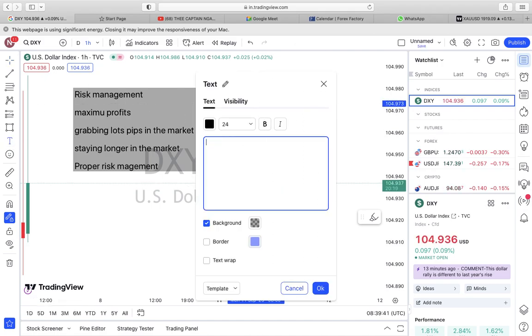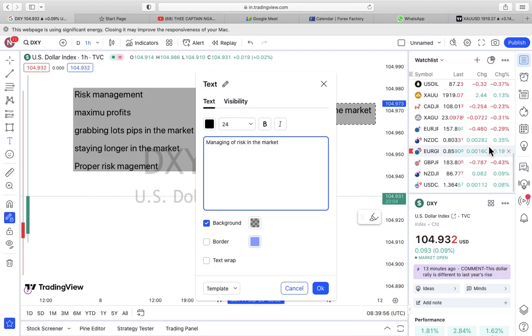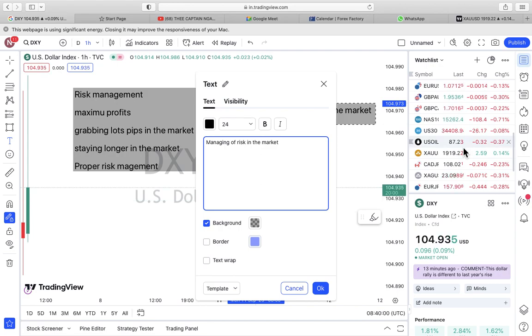Now, how do you manage your risk? Managing risk in the market basically means protecting your capital as you try to grab a lot of pips, or a lot of profits, in the same market.